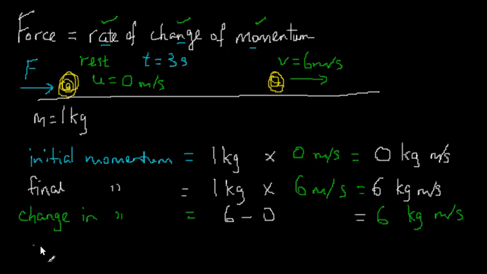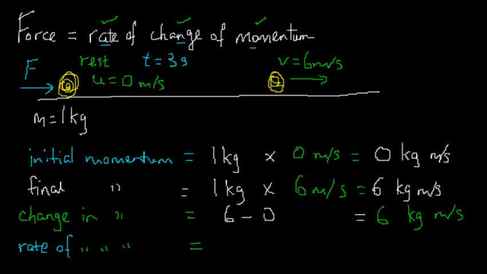So the rate of change of the momentum, okay, I'm going to use ditto again, the rate of change in momentum equals, so I want to know the change per second, right?